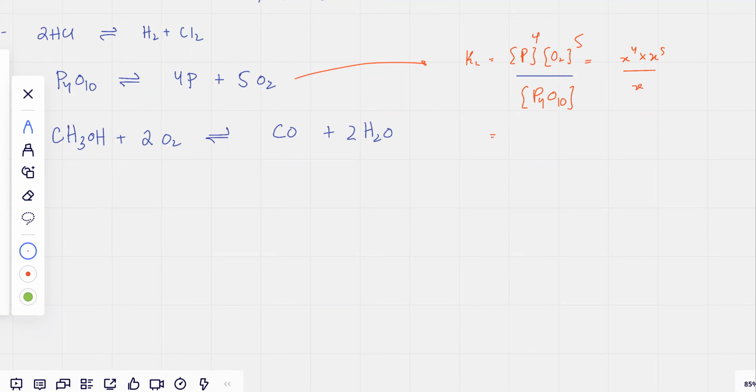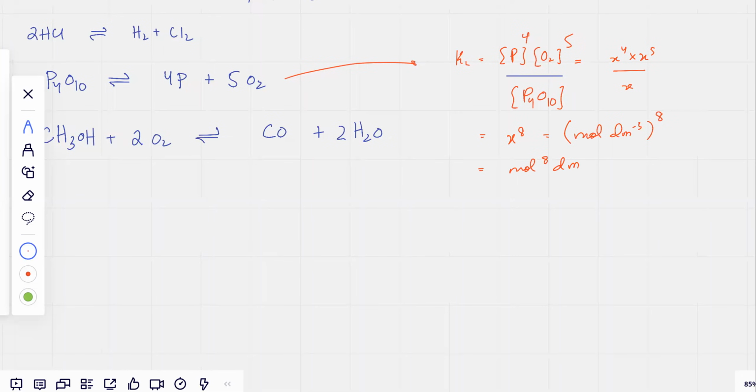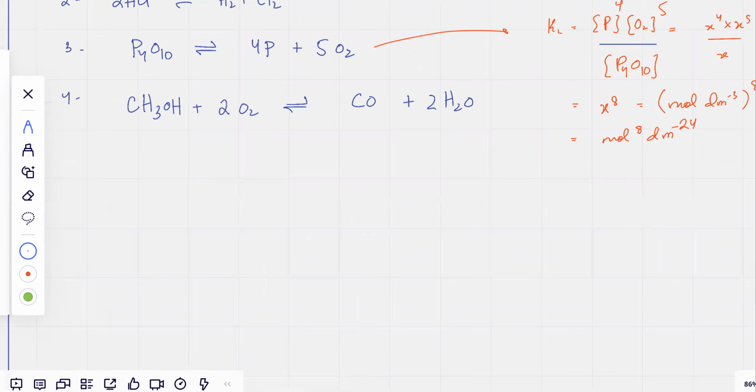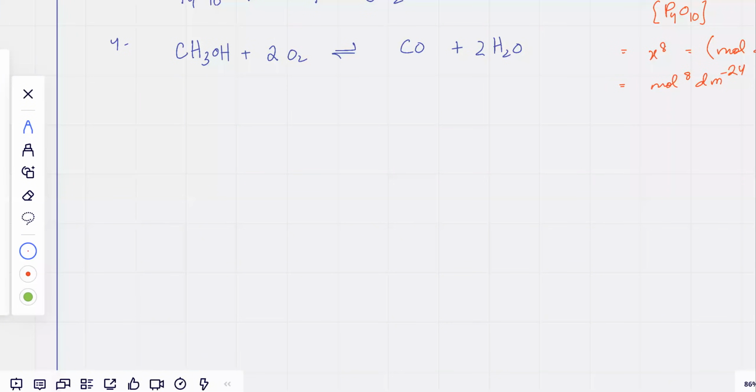So if you simplify, it becomes x to the power 8, and you can replace x with concentration, which is mole per dm cube, so it has a power of 8, and you can simplify that and it would become mole to the power 8, and dm would become minus 24. So that's going to be your expression and unit for Kc. Is this clear to everyone? Yes.